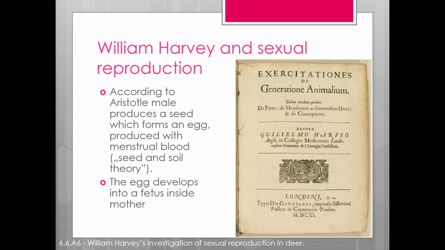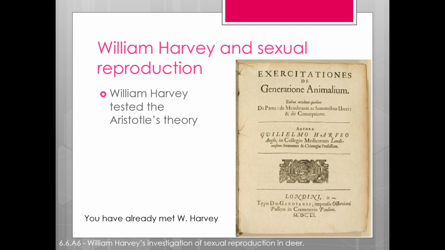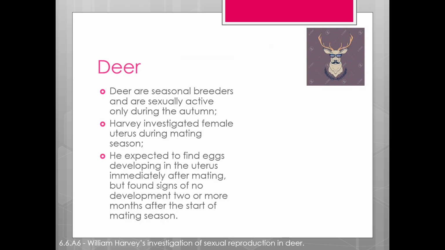William Harvey decided to check if it is true. How was it done? He tried it on deer. It was maybe a bit less cruel than his experiments on dogs, because he worked on game deer which would be shot anyway. What he tried to observe was whether an embryo appears in the female deer after the mating period.